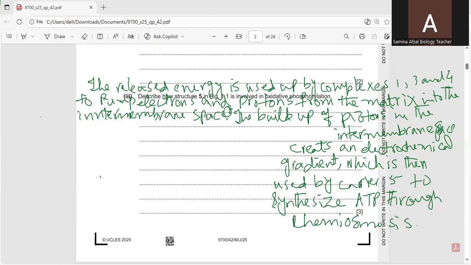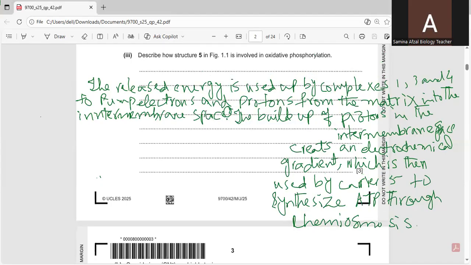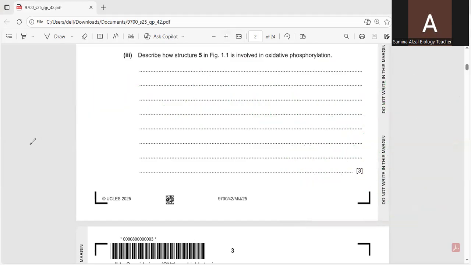Now move towards the next question, which is: describe how structure 5 in figure 1.1 is involved in oxidative phosphorylation. So here in this question, we have to talk about the involvement of structure 5.